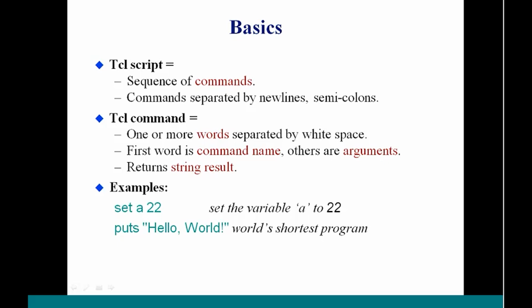Each Tcl command can have one or more words separated by white space. The white space has meaning in Tcl, and the first word is always taken as the command name, and all others are arguments, and the command always results in a string. Those are the things you need to understand and keep in mind.